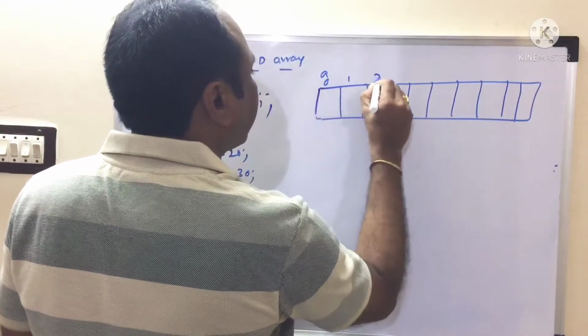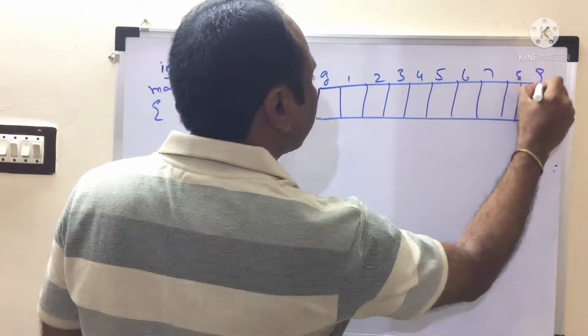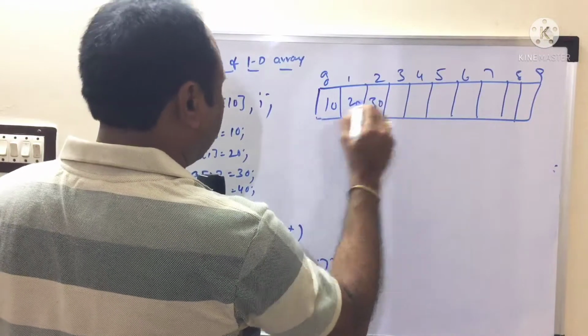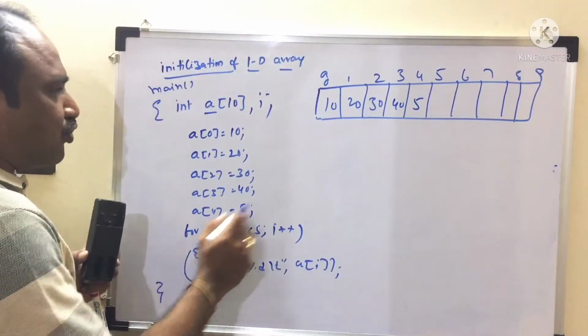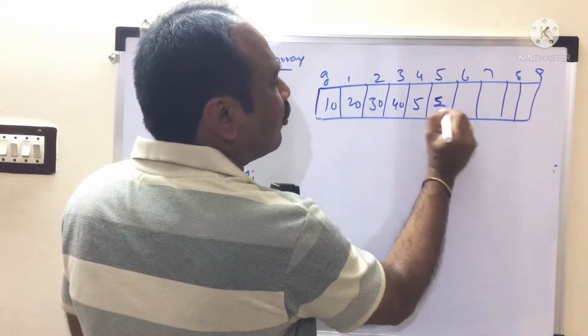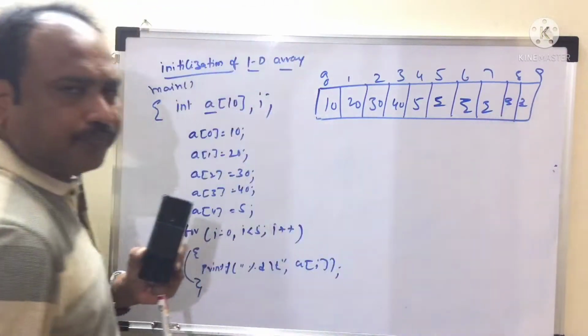A[0], A[1], A[2], A[3], A[4], A[5], A[6], A[7], A[8], A[9]. What values am I storing? 10, 20, 30, 40, 5. But I am not storing any value in positions 5, 6, 7, 8, 9. Unknown values, junk values, garbage values will be stored.